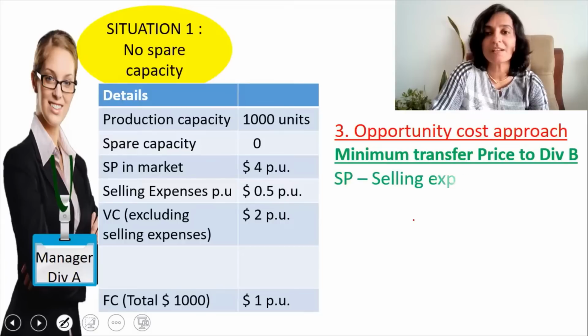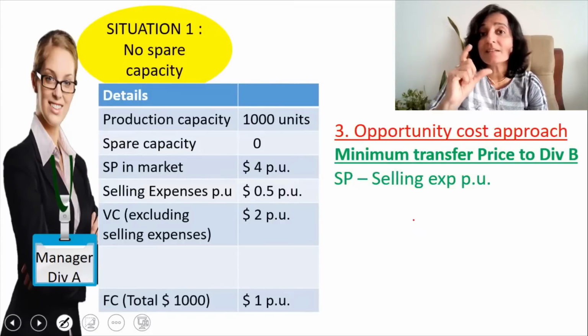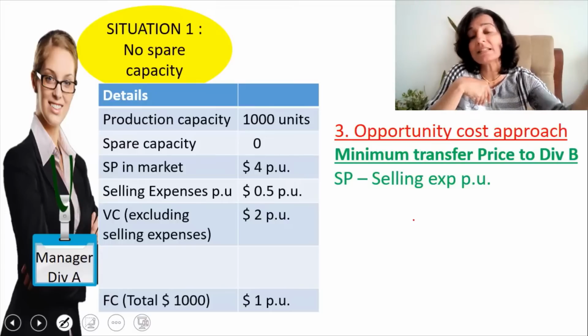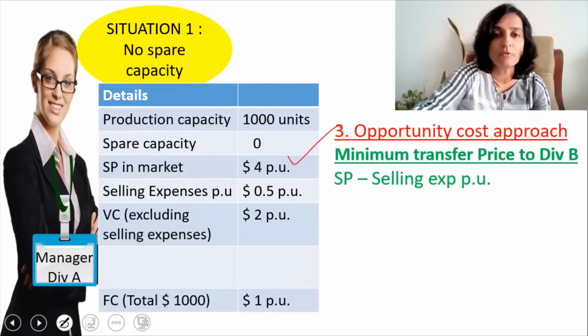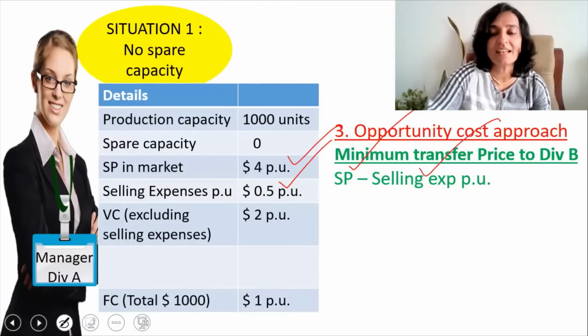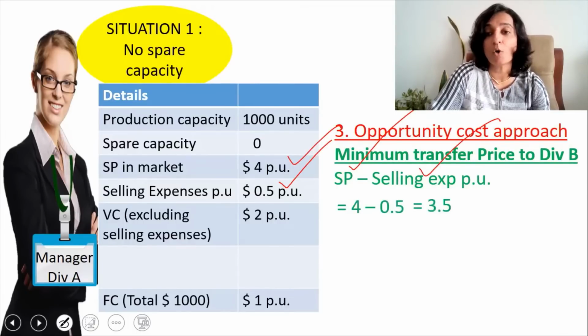So the minimum transfer price is selling price minus selling expenses per unit. That's the net amount that she gets if she sells in the open market. So it is $4, which is the selling price, minus 0.5, which is the selling expenses per unit. So it is 4 minus 0.5, or $3.5 per unit.